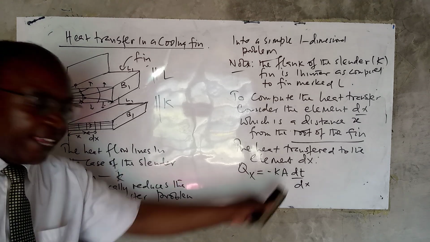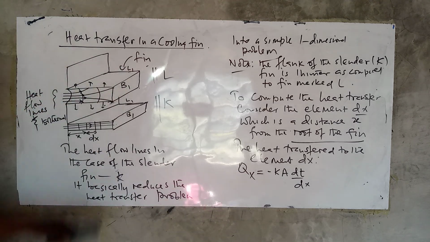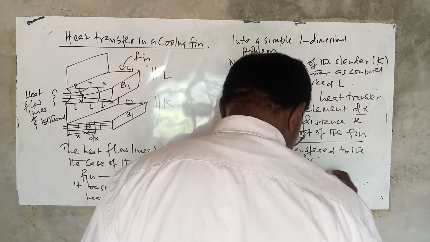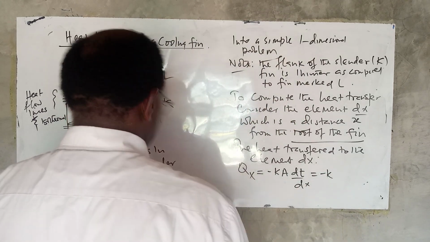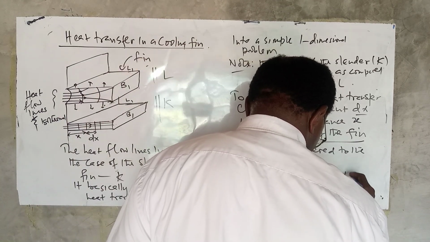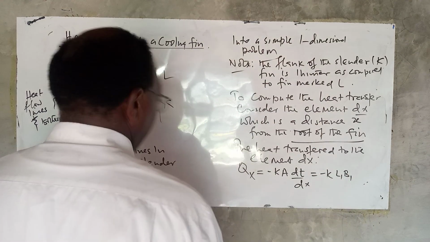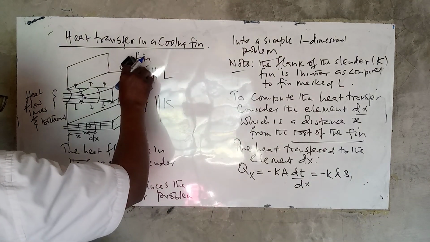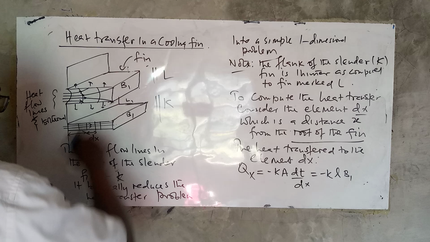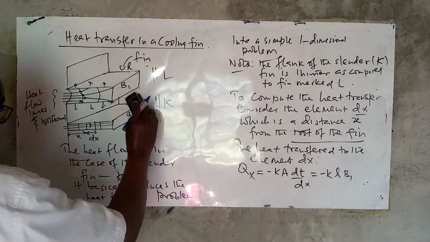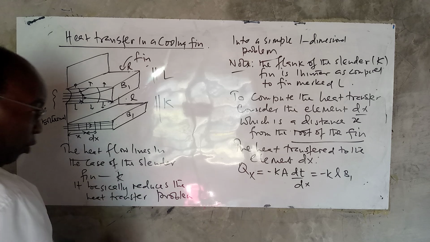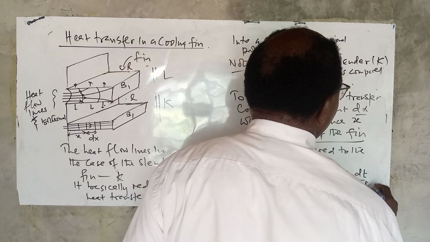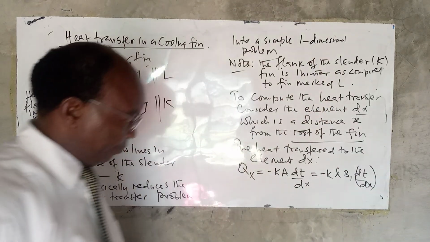So in place of area, we can put the dimensions. It will be qx = -k l B1 dT/dx.